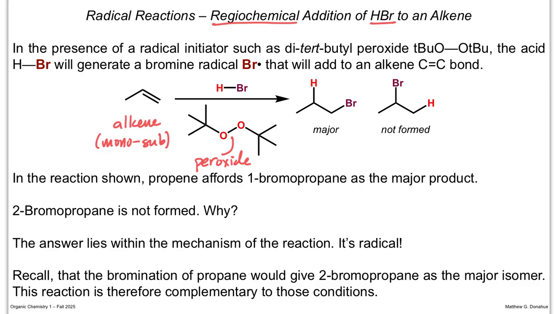So if we classify the major versus minor in terms of the halogen, the major product would be called a primary bromide, and the minor or not formed would be secondary.